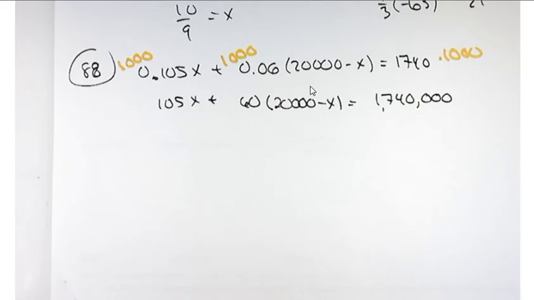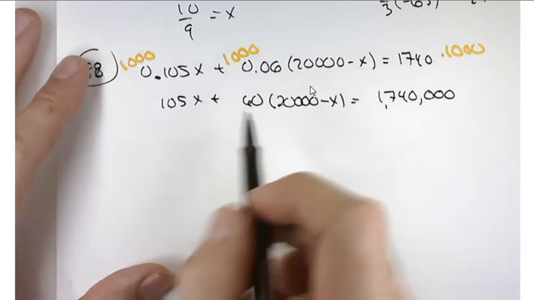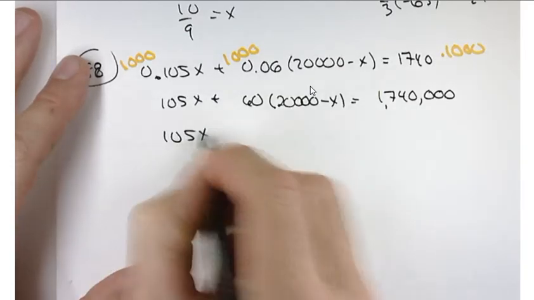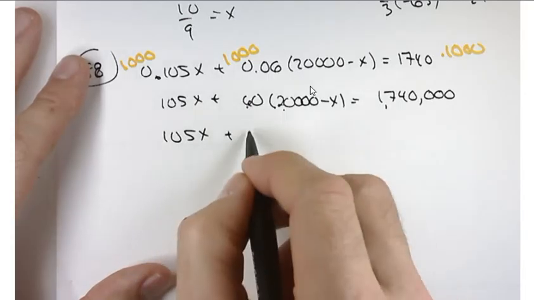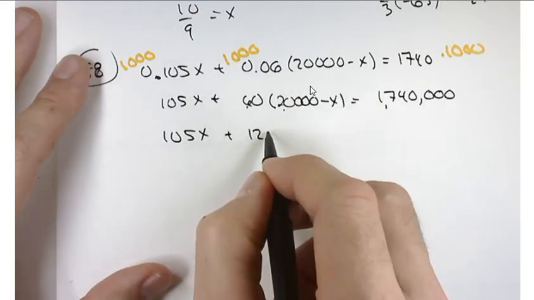Okay. Let's see what we can do with this one then. What should I do next? Distribute the 60. 6 times 2 is 12. How many zeros should I write after that 12? 5.